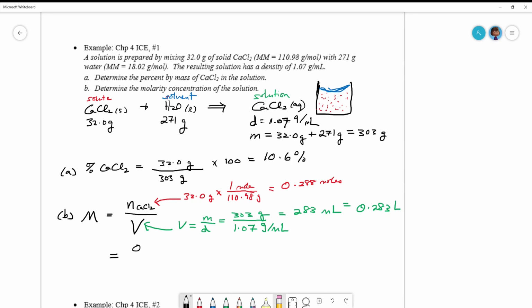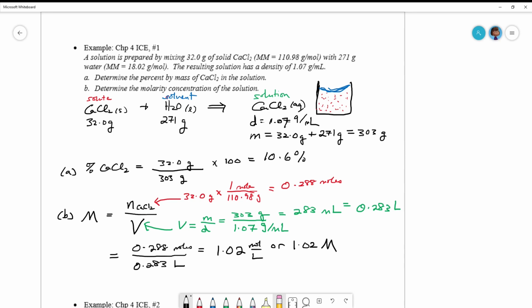We've got 0.288 moles of calcium chloride per 0.283 liters of solution. And in the end, I ended up getting a molarity concentration pretty close to 1.02 moles per liter. Or we could write this answer as 1.02 and use the big M.